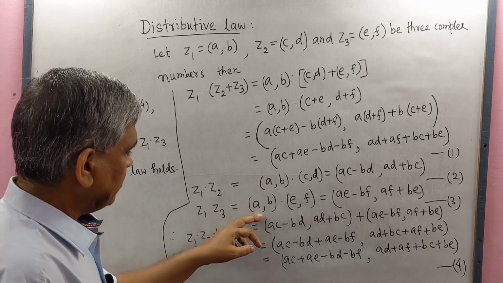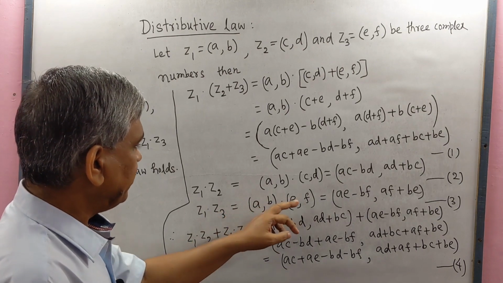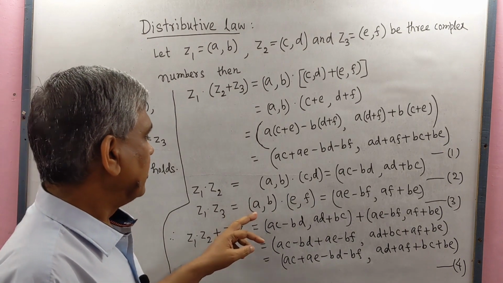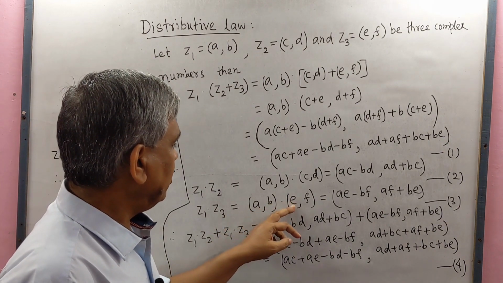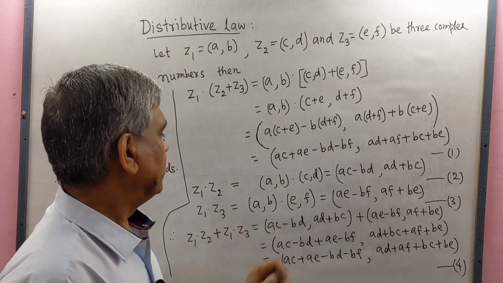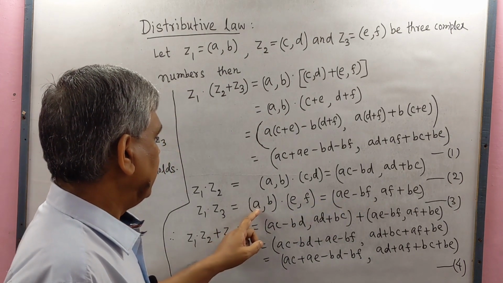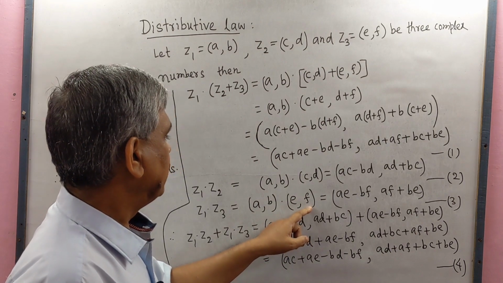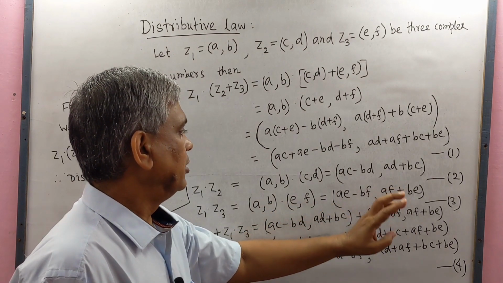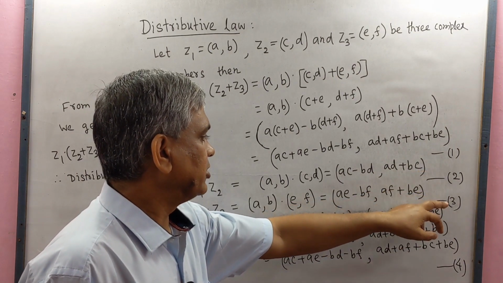Z1 is ordered pair (a,b), Z3 is ordered pair (e,f). We multiply two ordered pairs: (ae minus bf, af plus be). This is number 2, this is number 3.